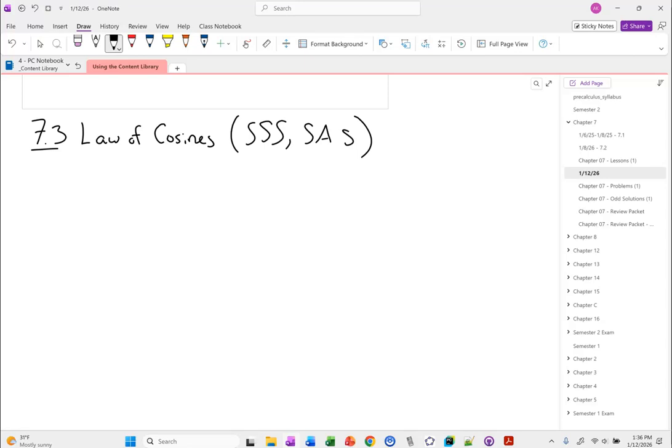So we're going to look at the side, side, side, and the side angle side cases. This will be the last topic that would be included on any homework quiz.